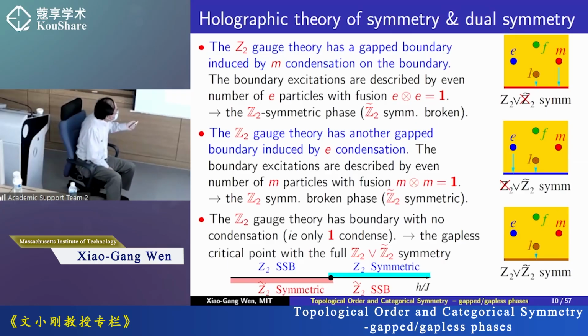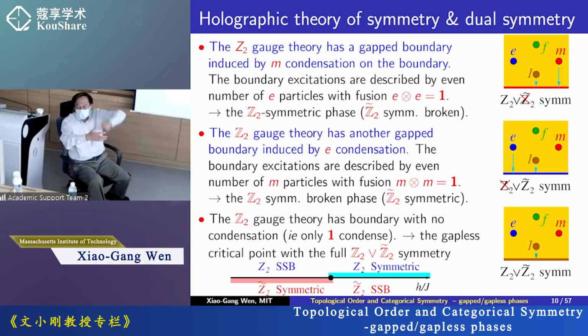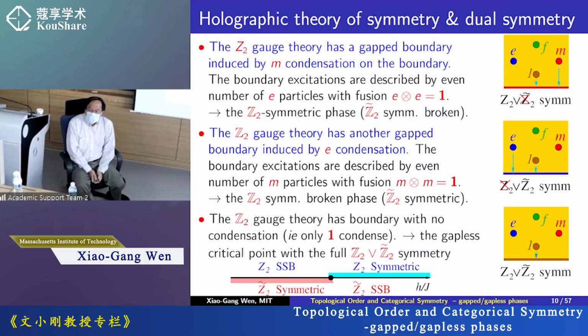If you do that, then the symmetry is enlarged. The topological order in the bulk is also enlarged, giving another topological order that includes the EM exchange symmetry, and that topological order is the double Ising topological order. So if you include the EM exchange symmetry, the Ising model critical point has the maximum categorical symmetry, which is a double Ising topological order.